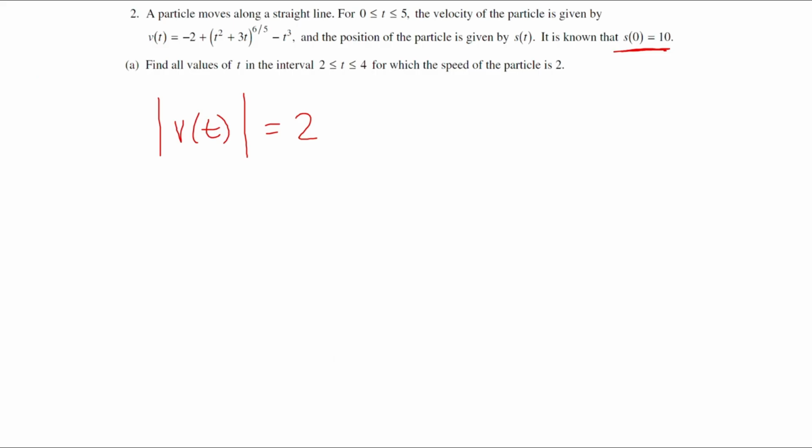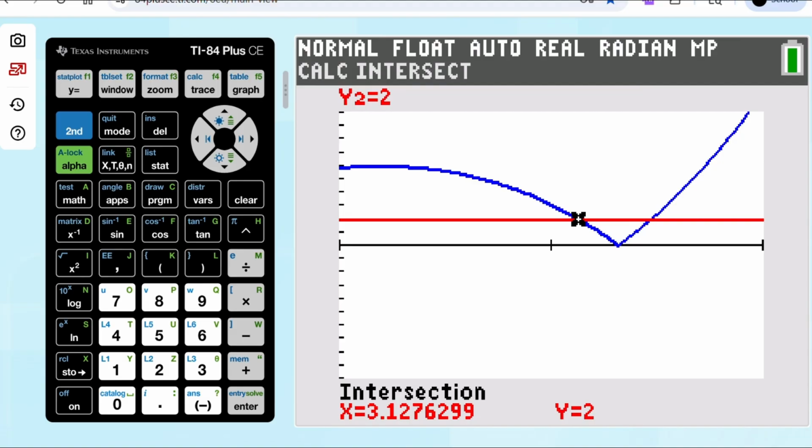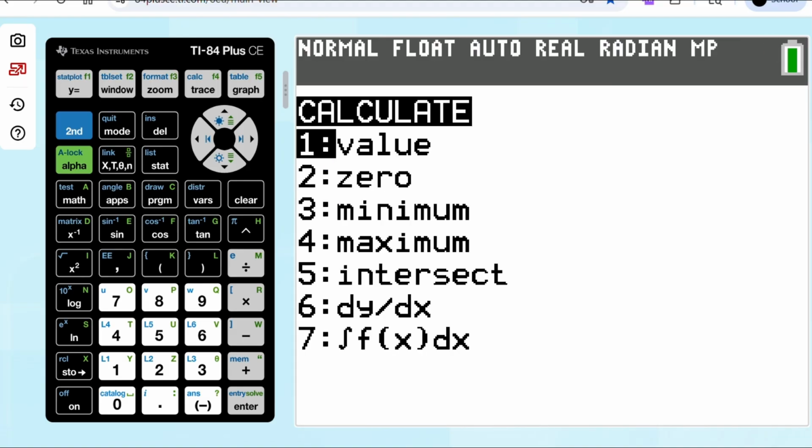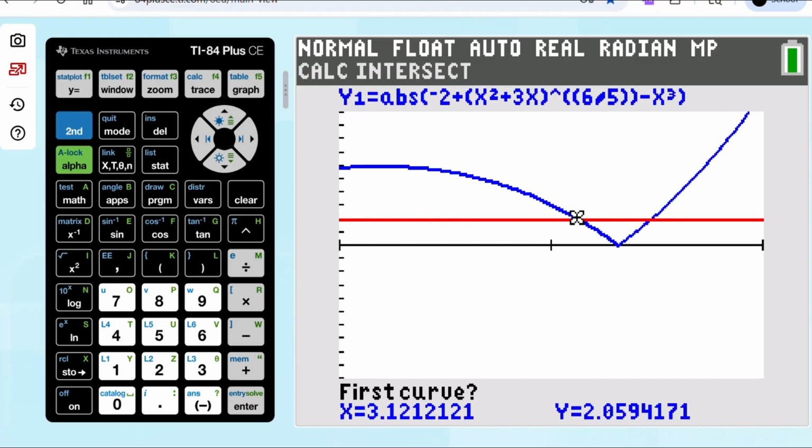So we've got t equals 3.128. And we're going to have a second value here. And for our second value, we'll hit second trace, option 5 again for intersect. And now we want to go over closer to that second intersection point.